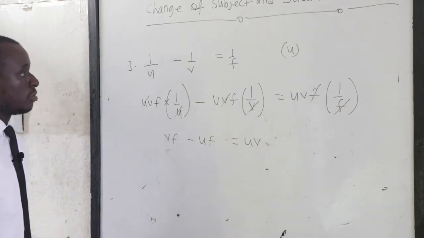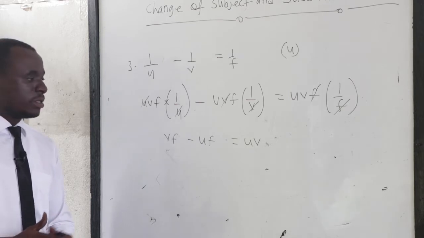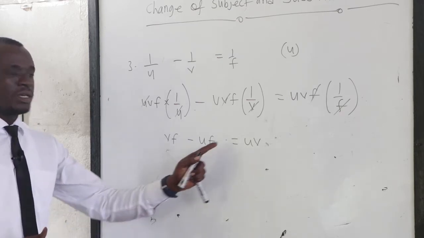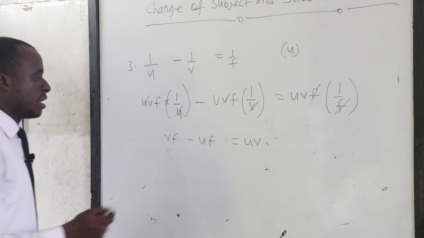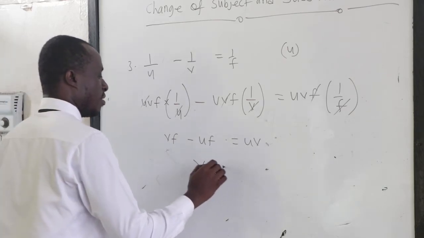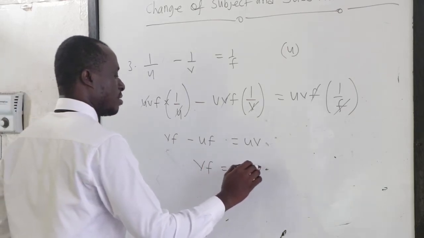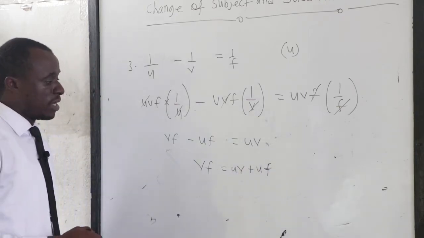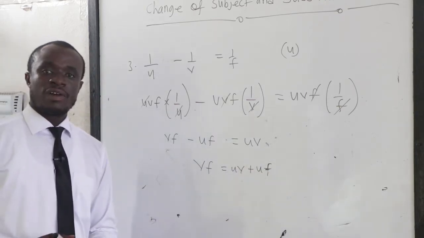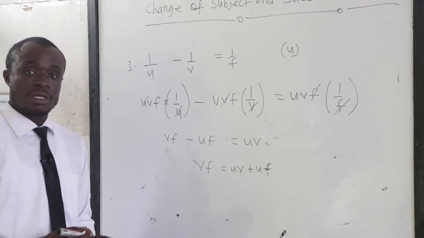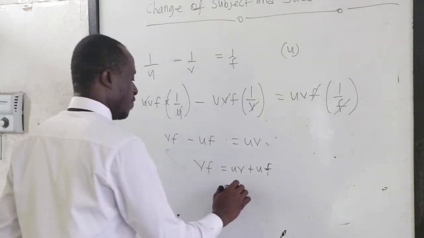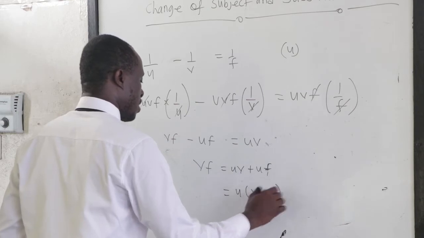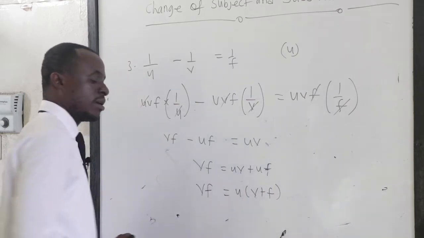What do we want to do? We want to make u the subject. There's u here, there's u over there. So we group like terms. So you have vf equal to uv plus uf. Now over here, what can we do? We can factorize u out. That's what we want to make the subject. So you have u times v plus f.